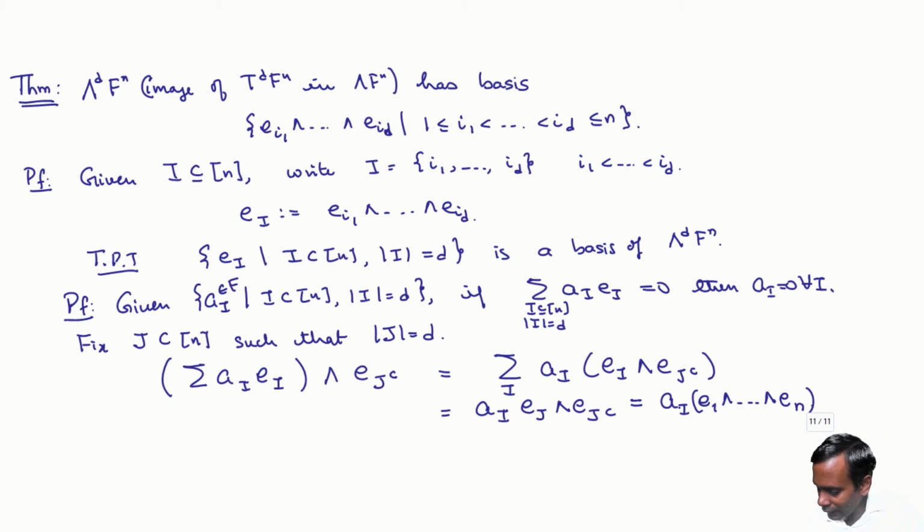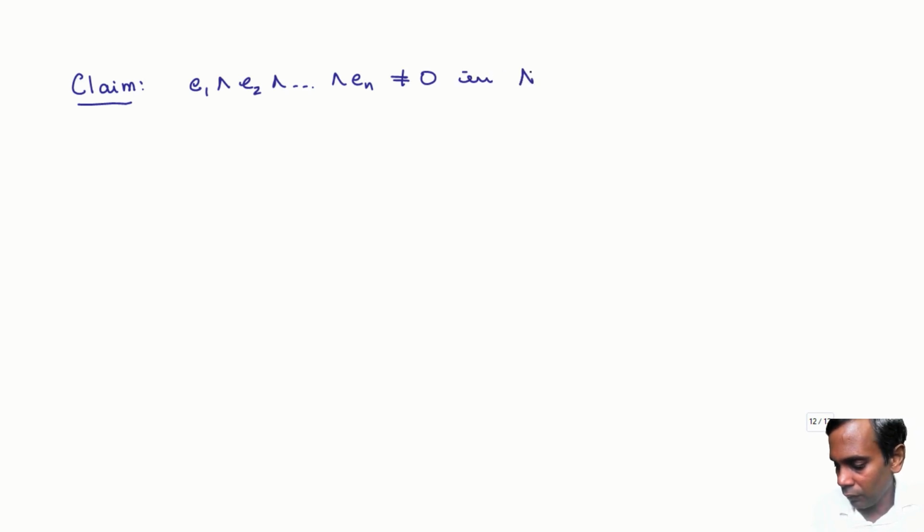Okay, so we get this a_J times E_1 wedge E_2 wedge E_n, and I want to show that this vector E_1 wedge E_2 wedge E_n is non-zero, because if I can show that, then we know that summation a_I E_I is 0, so this would imply that a_J is 0. So I want to show that E_1 wedge E_2 wedge E_n is non-zero in wedge n F^n.